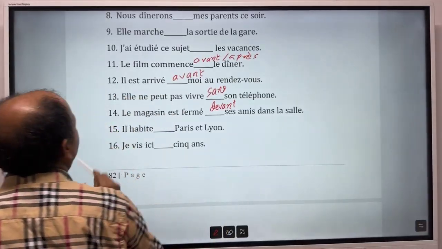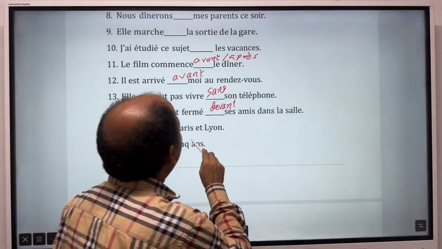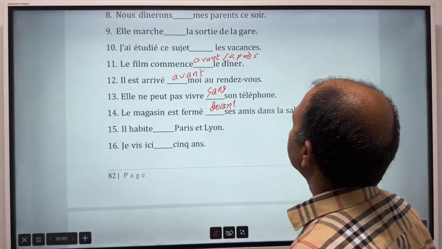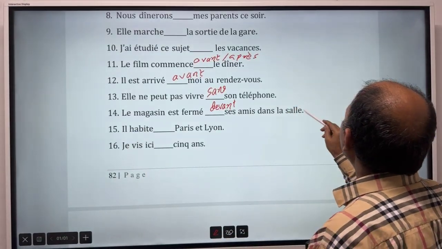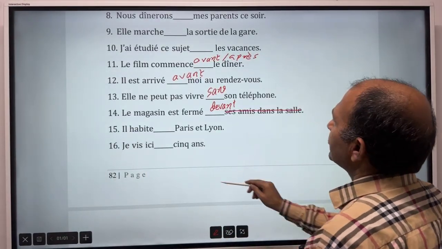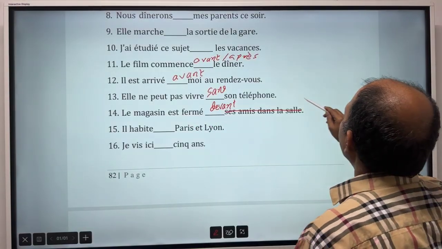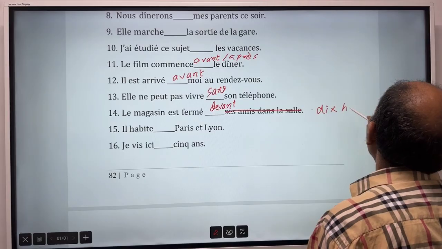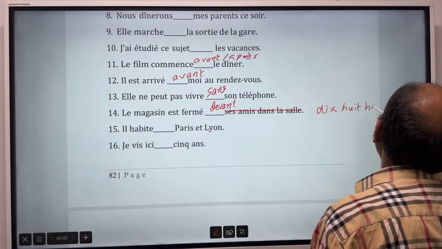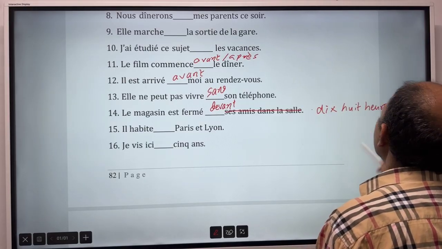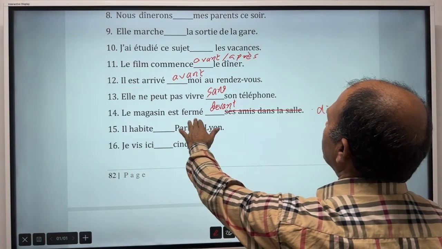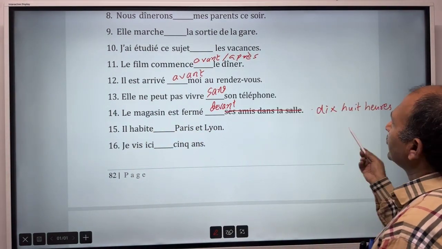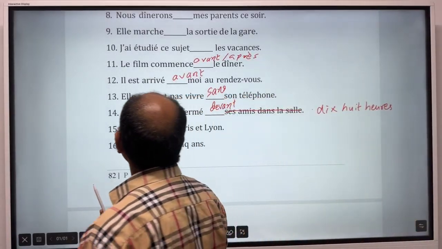If you write devant, the shop is closed in front of his friends in the room. If we change the sentence, the shop is closed, we can change the sentence. Le magasin est fermé. Suppose we write it like this. The shop is closed après 18 heures. It is okay.